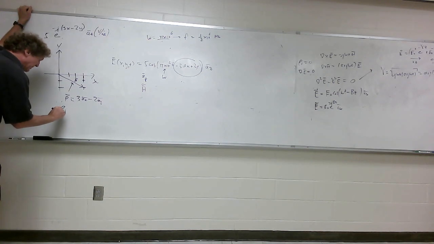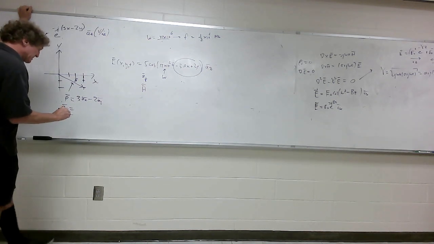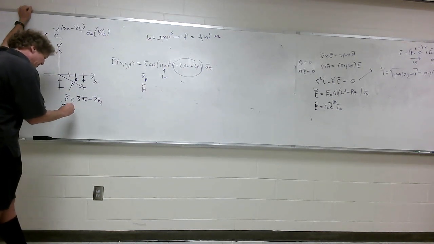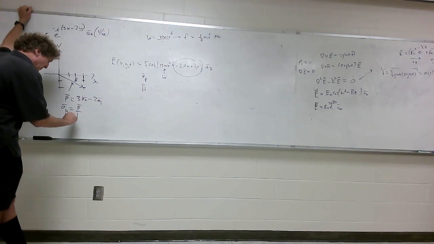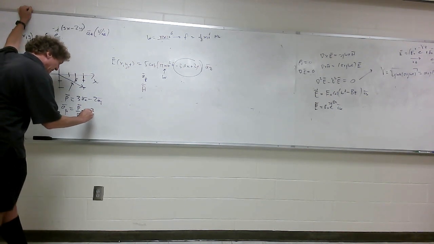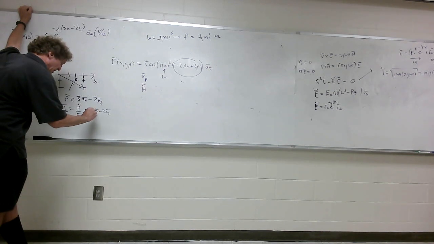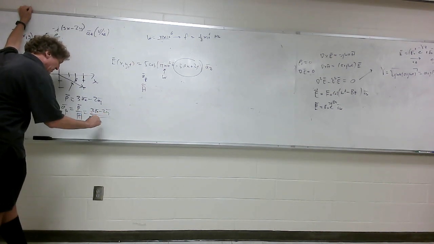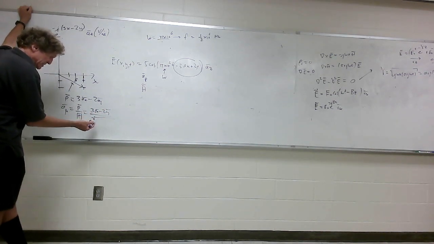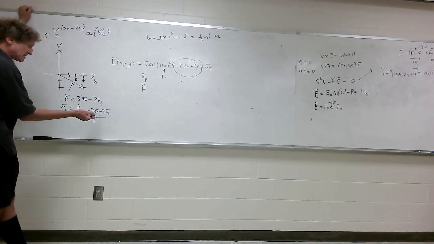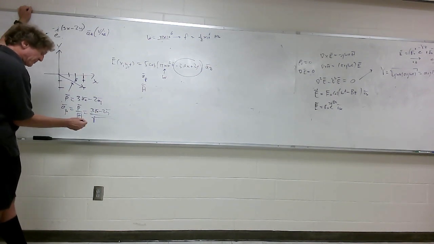And then a unit vector in the direction of propagation for this one would be P vector over magnitude P, and that would be 3a_x minus 2a_y over the square root of 3 squared, which is 9, plus 2 squared, which is 4.